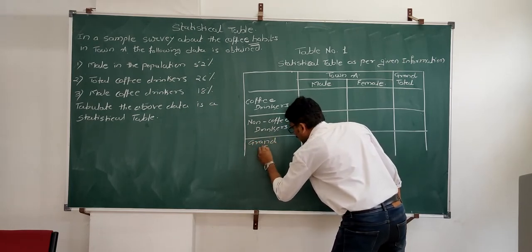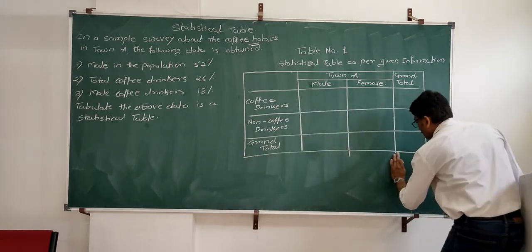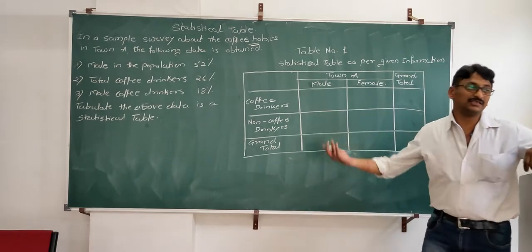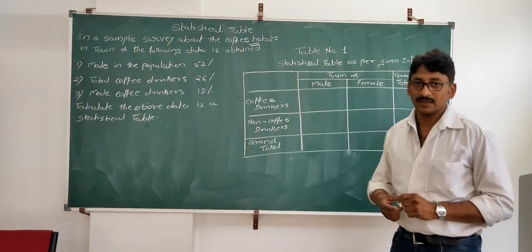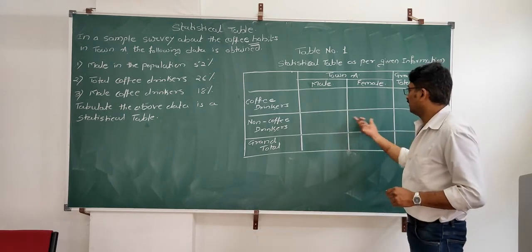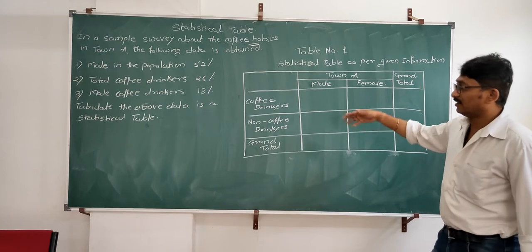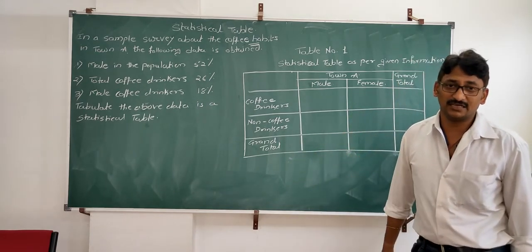Here I write grand total. Okay. This is the structure of the table. It is nothing but your blank table. See, the body of the table is totally blank, so it is called a blank table. Now in this blank table, if you substitute the values, it becomes a statistical table.